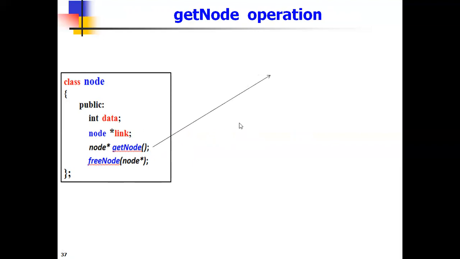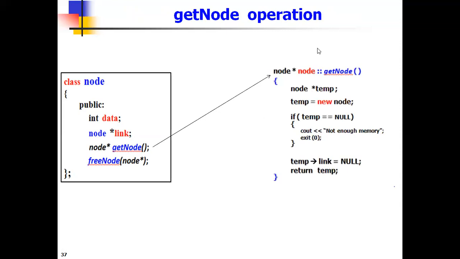Now the get node function, which we have already discussed, we'll see once again. The get node function can be written like this. In the previous session I have shown the working of get node, but it did not belong to any class. Now get node belongs to the class node. So you are saying node, scope resolution operator, get node.